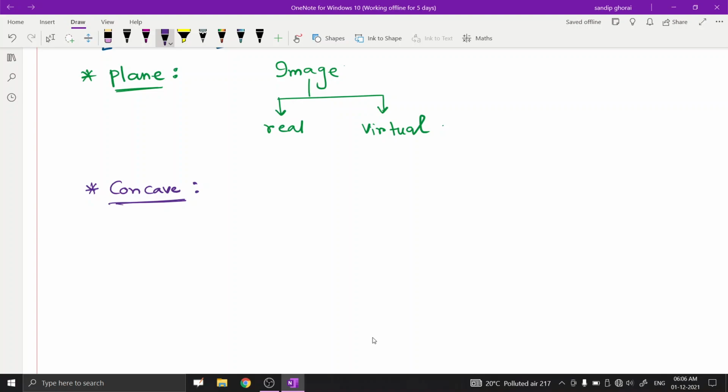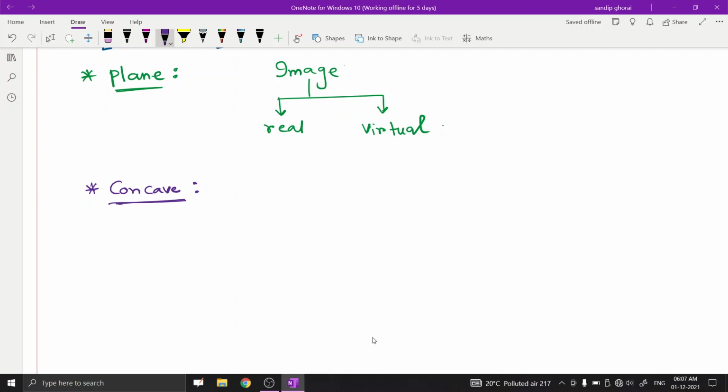But suppose the object is placed between the focus and the pole, then we get a virtual image. So there is one condition in which a concave mirror gives a virtual image, that is when the object is placed between the pole and focus.